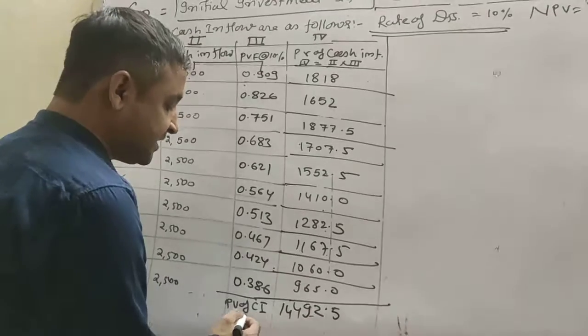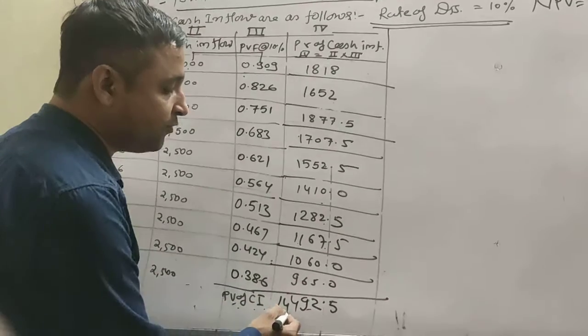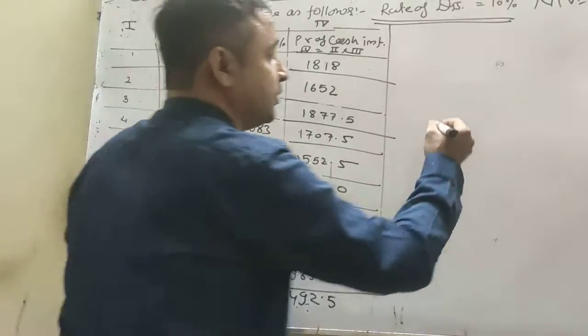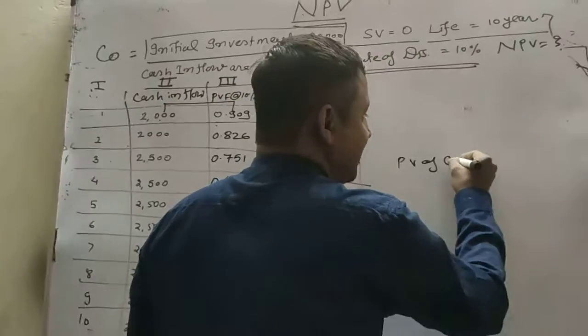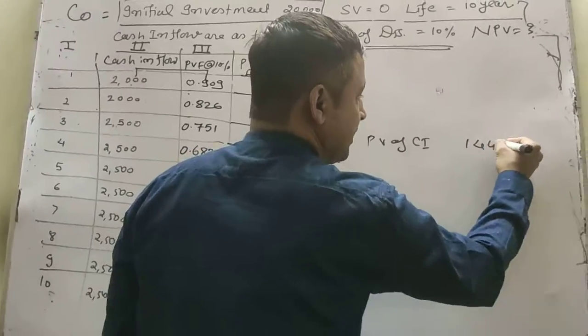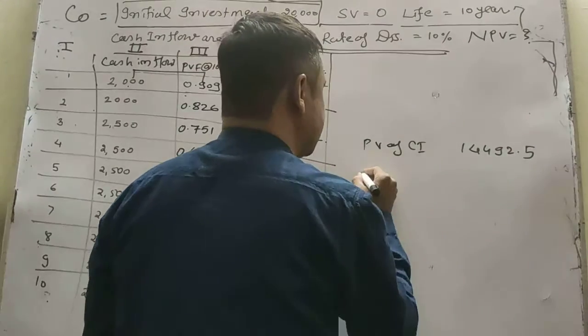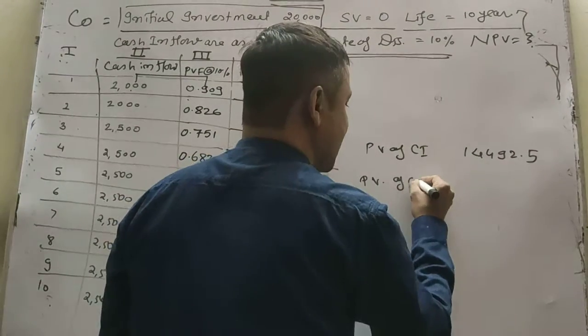That is, the present value of cash inflow is 14492.5.